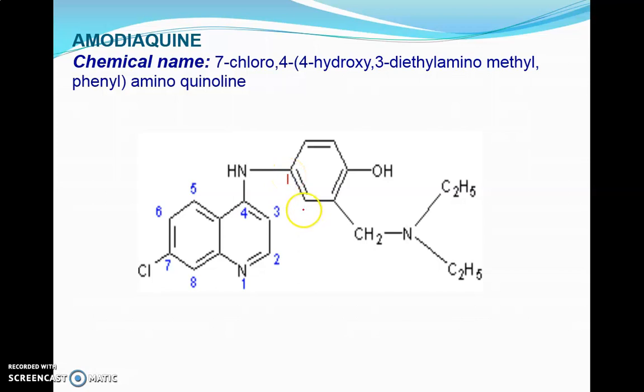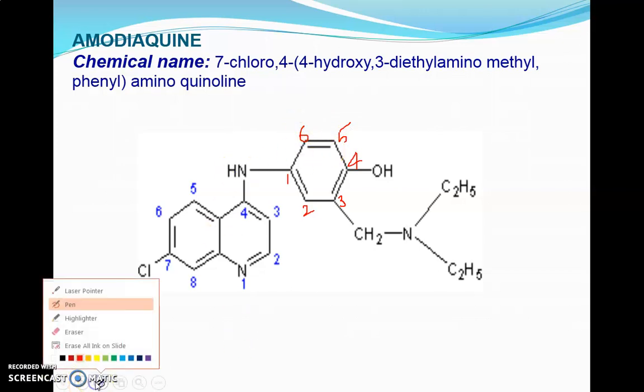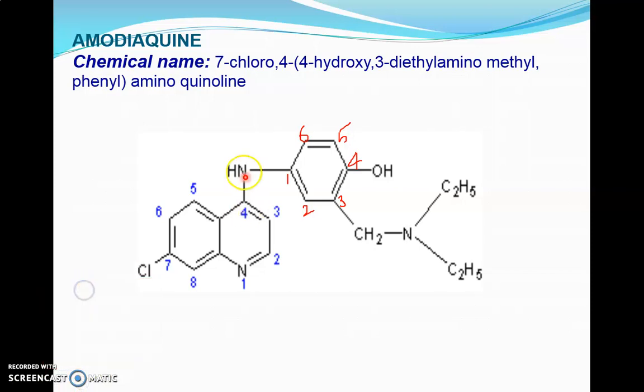This will be the first, this the second position, this the 3rd position, this the 4th position, this the 5th one, and this the 6th one. So we have given separate numbering to this phenyl ring. Let me see what the substituents on the phenyl ring are in the complicated substituent.